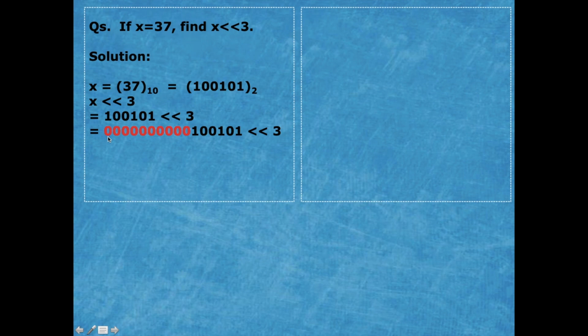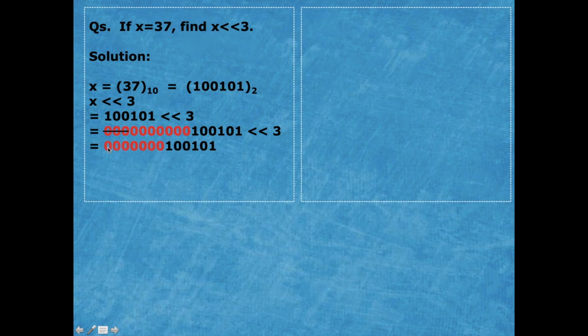In left shift, the leftmost 3 bits will get erased. They will get deleted like this. After the leftmost 3 bits get deleted, the remaining bit pattern will shift left by 3 positions. So now there are 13 bits over here and they will shift left by 3 positions like this.